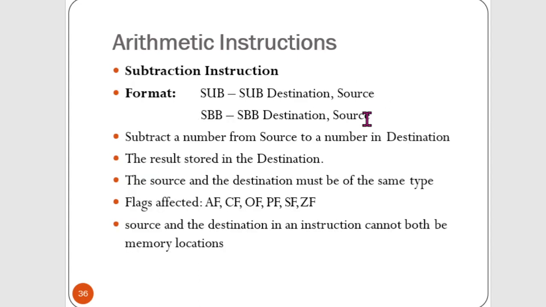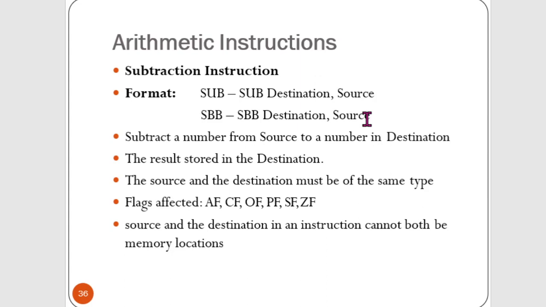Subtraction instruction is again similar to addition, but the source is subtracted. So subtract AL comma BL, then AL minus BL: the destination is subtracted with the source, and the value is saved in the destination register.